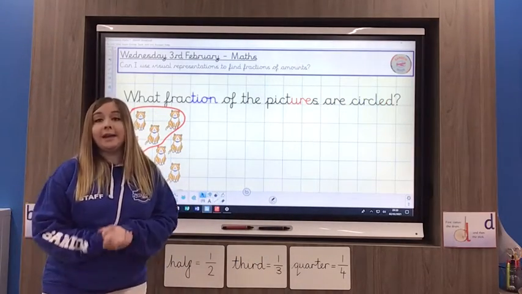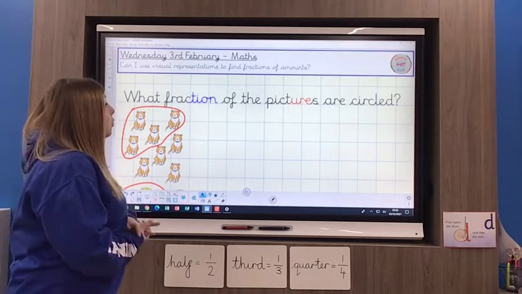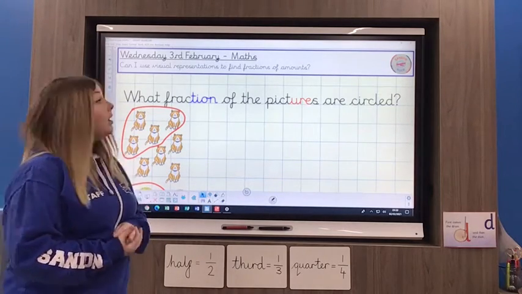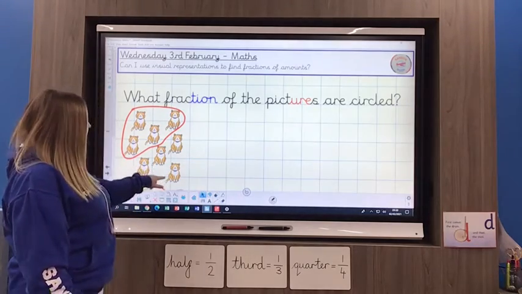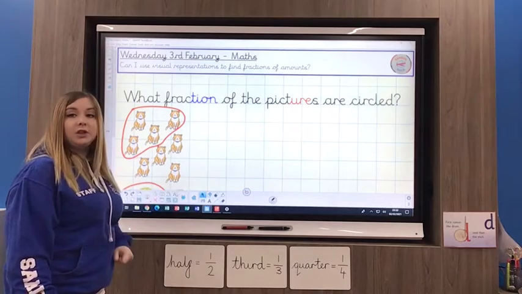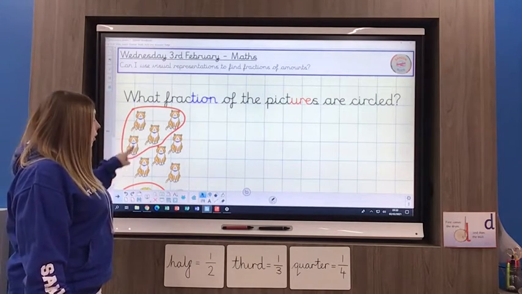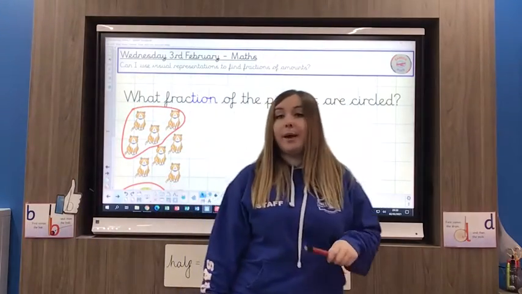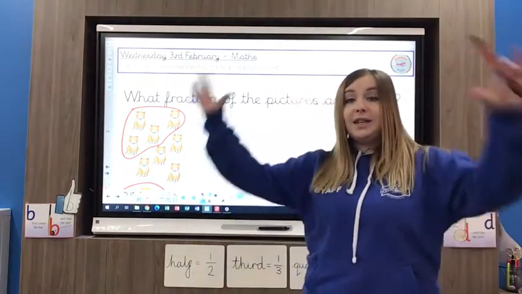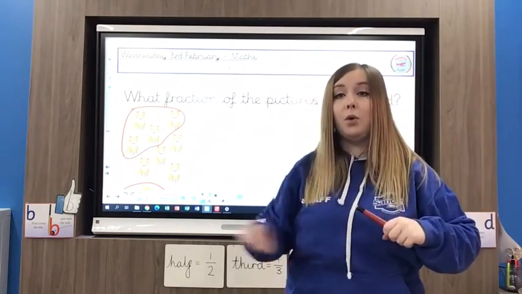Okay, so your next question then, year 4, is asking you what fraction of the pictures are circled. So you can see here that I've got lots of little ginger cats, and there are 4 that have been circled. Now remember, whenever we write a fraction, our denominator, the number at the bottom, is how many there is all together.